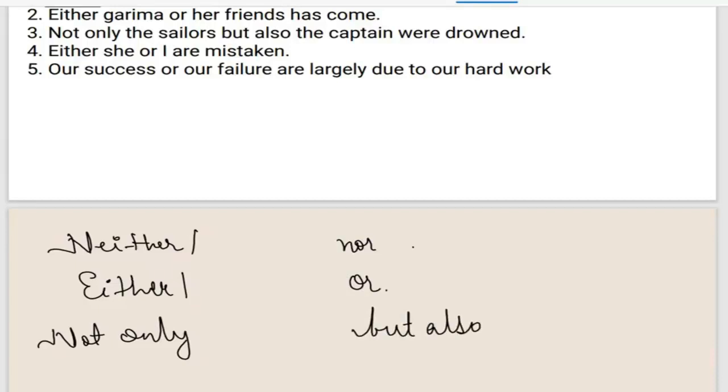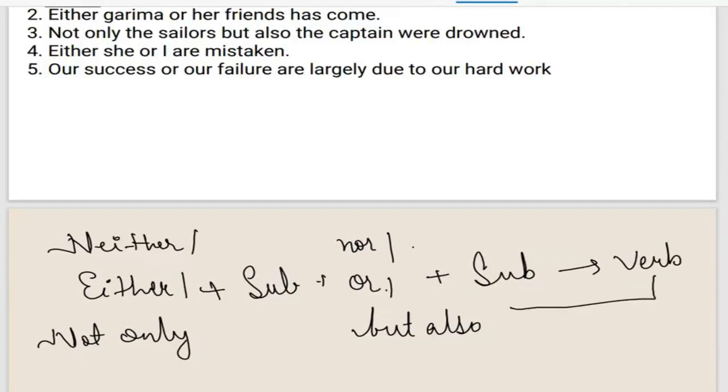So these are pair conjunctions; these conjunctions always come in pairs. And when two subjects are connected with them, the verb used after it will agree according to the nearby subject.